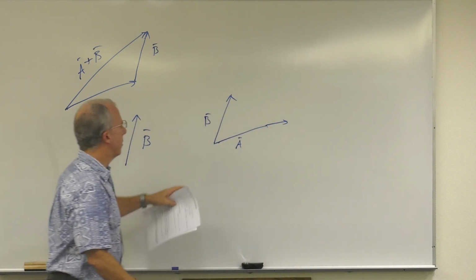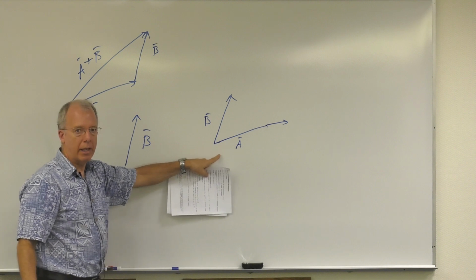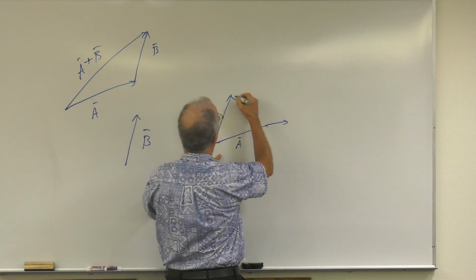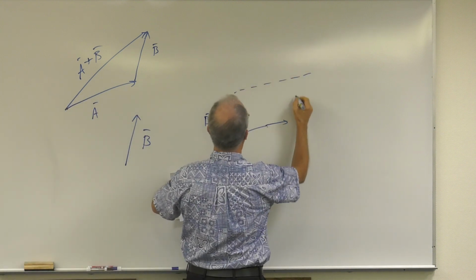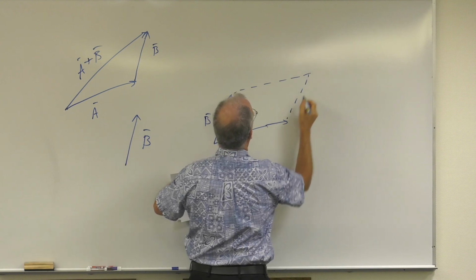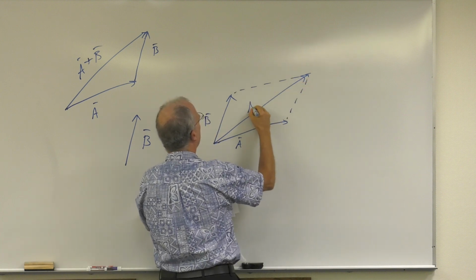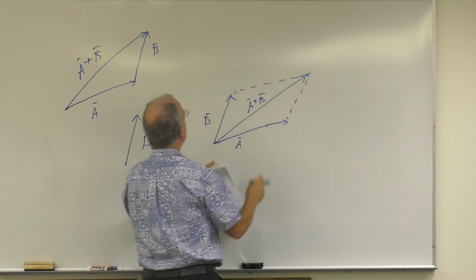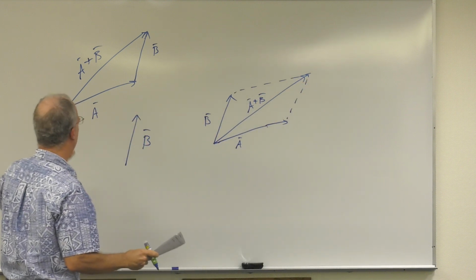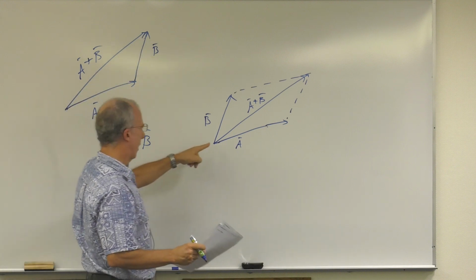We just put the tails together. Then we make a parallelogram out of it. And then we just go from here to here. You can see, if I would have done it perfectly, that this is pretty close to that.